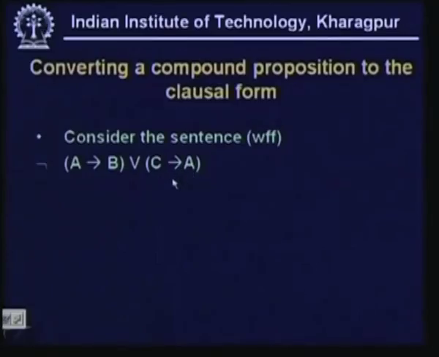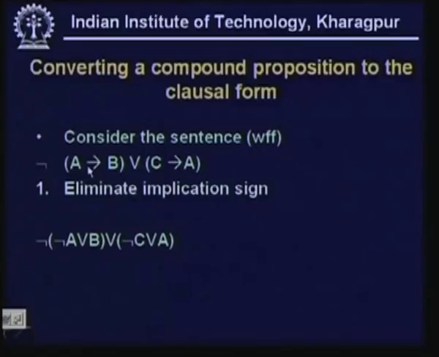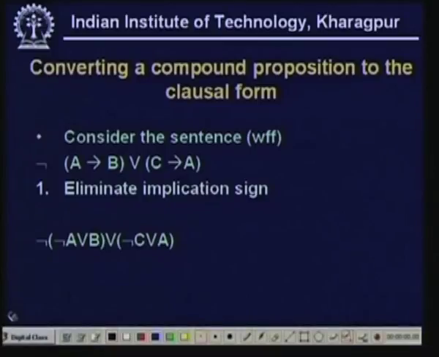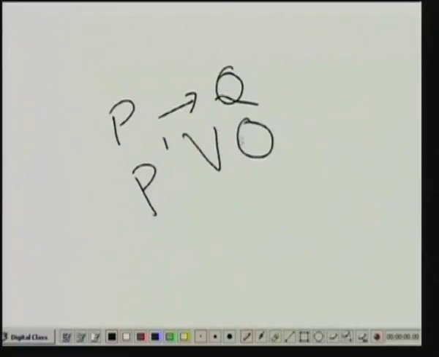Okay, so how can I convert this to a disjunctive normal form? First of all, I can eliminate these implication signs by the simple rule that if P implies Q, then that thing can be written as not P or Q, that we have already discussed.